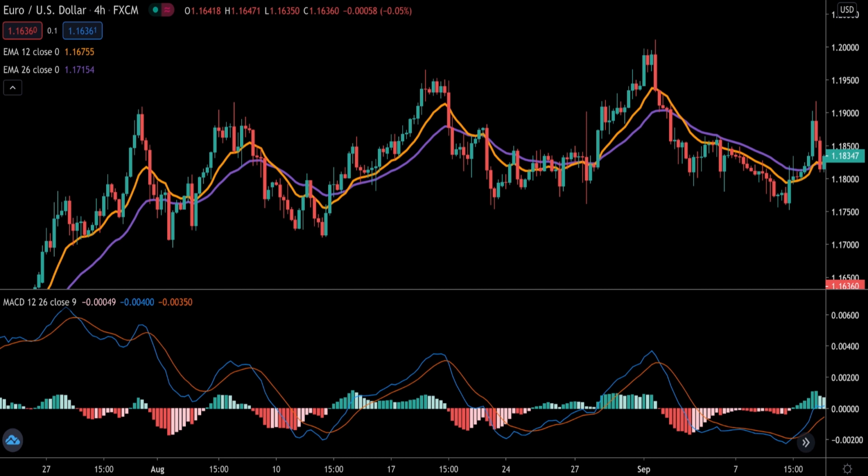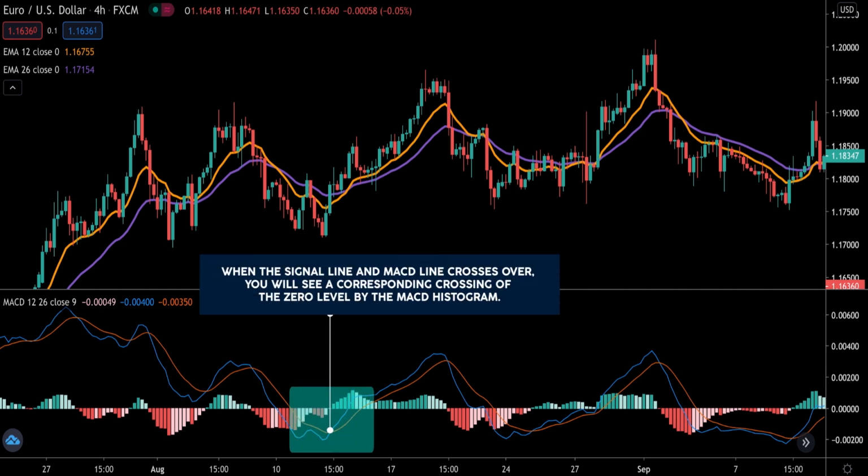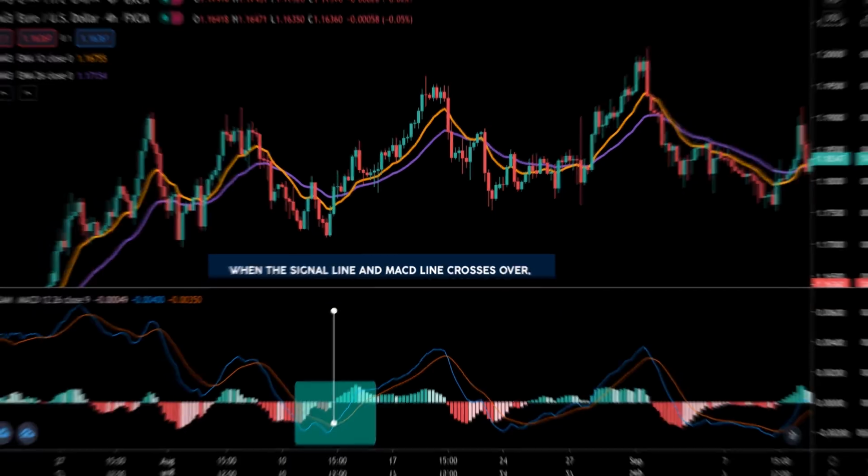Thirdly, when the signal line and MACD line cross over, you will see a corresponding crossing of the zero level by the MACD histogram. Through these observations, you should understand that the interaction between the two lines and their positions relative to the zero line is important when using the MACD indicator.